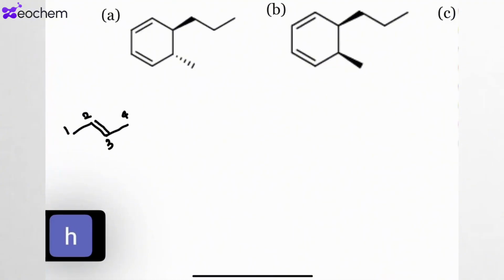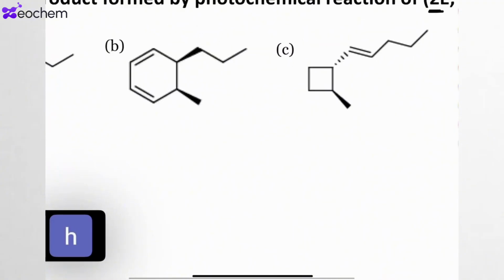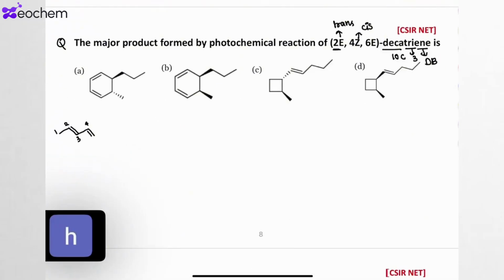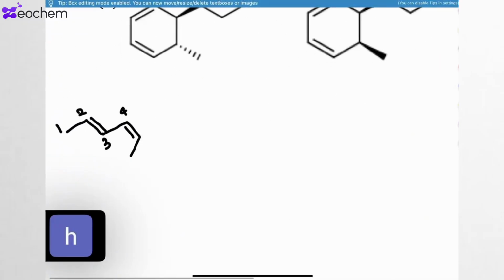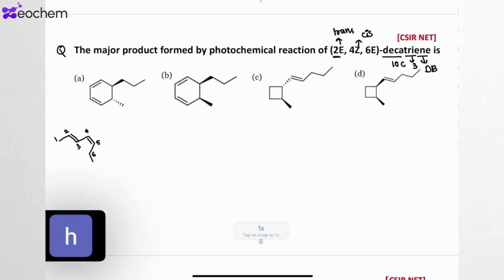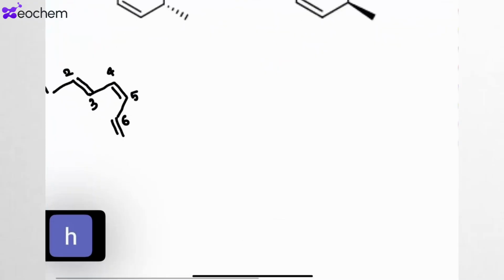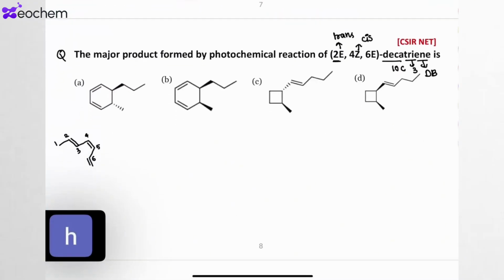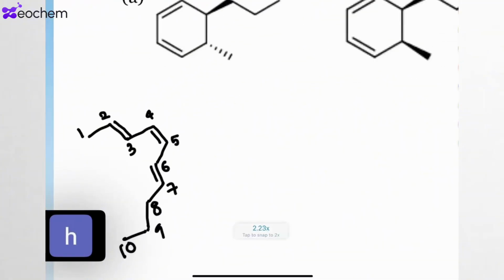Now in 4, again one pi bond is there. That will be cis, so this bond will come here. Now 5, 6. In 6 again, one more pi bond is there, that is E, that means trans. Then 7, 8, 9, 10. So our molecule is like this.